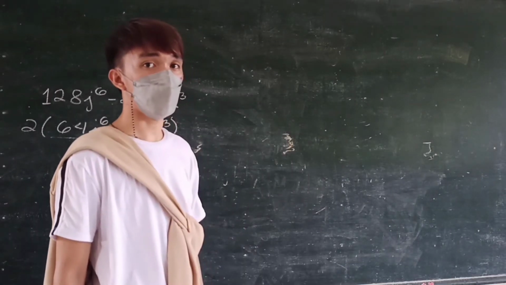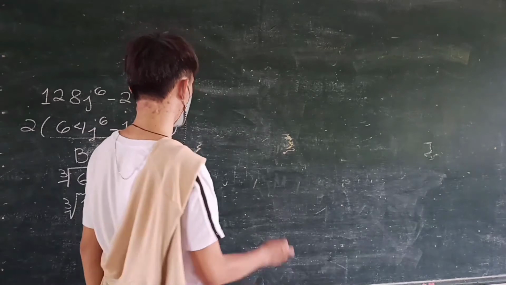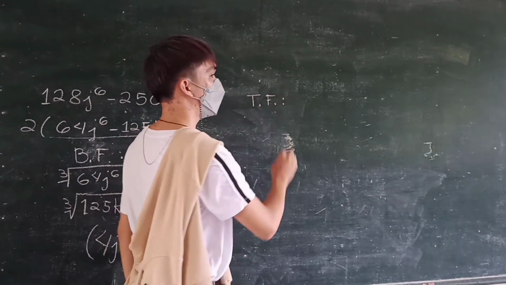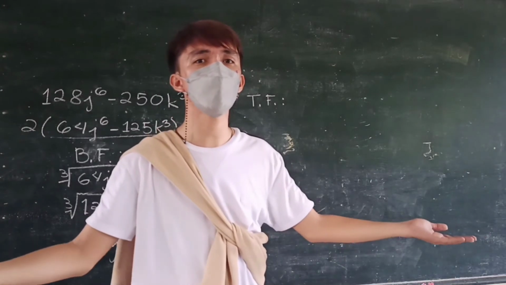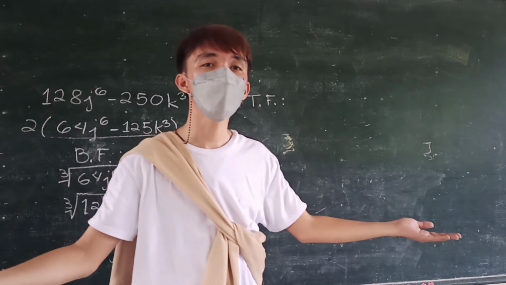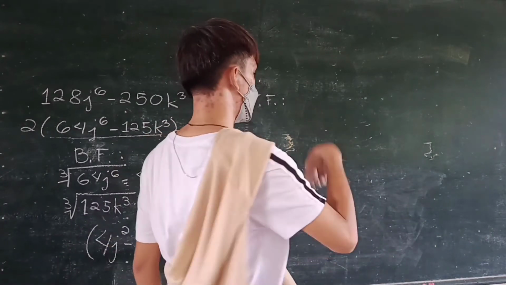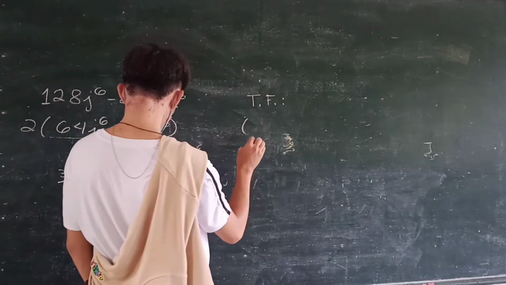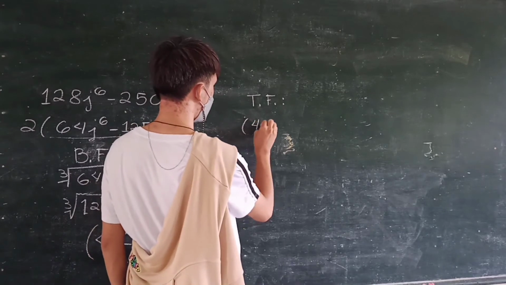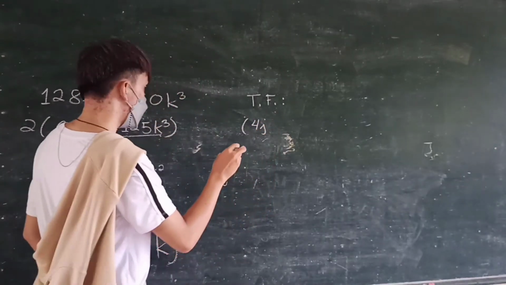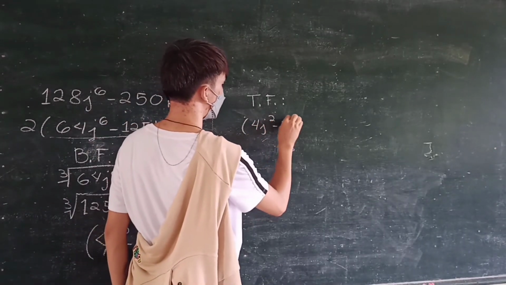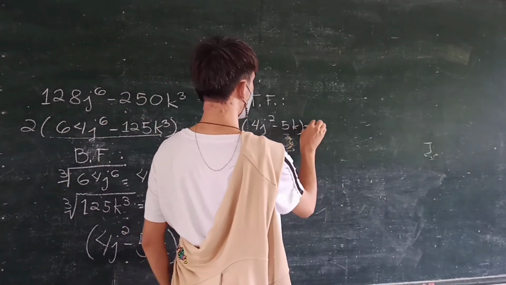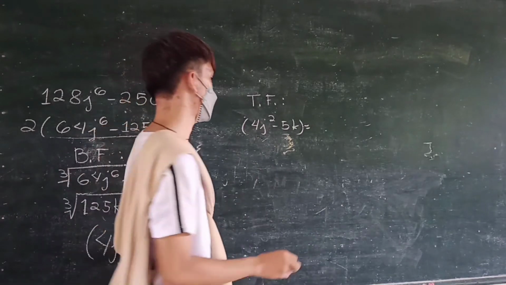Next, we are going to look for the trinomial factor. How are you going to find the trinomial factor again? Very simple. So, let's copy our binomial factor. We have 4j squared minus 5k. All we have to do is square the first term.